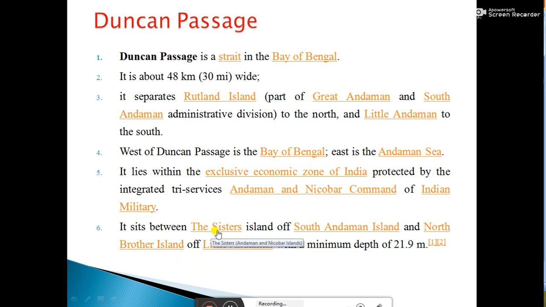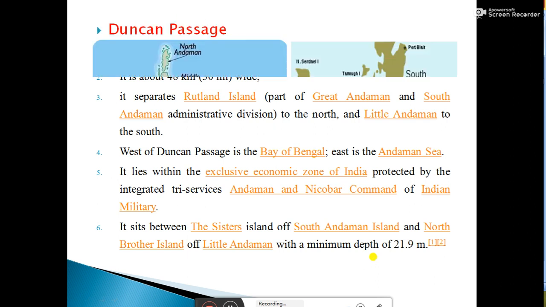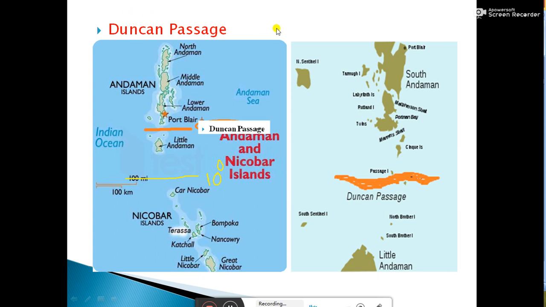It sits between the Sisters Islands of South Andaman Island and North Brother Island of Little Andaman, with a minimum depth of 22.9 meters. This map shows the Duncan Passage.